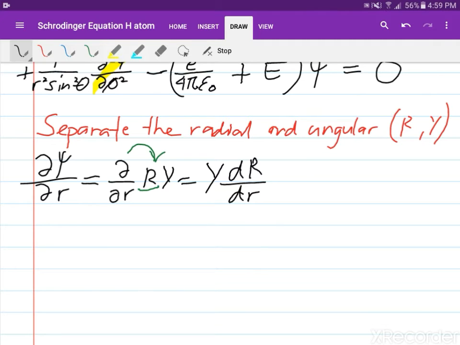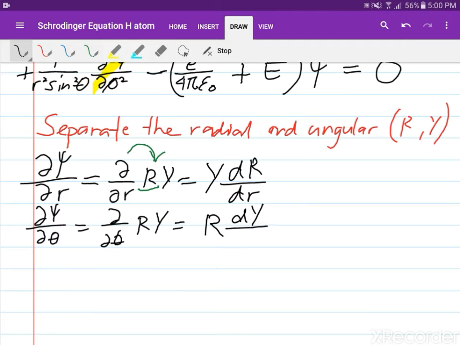So similarly, we can do the same for theta. So this will be R, Y, and we can remove R here, and this will become now a total derivative, dY d theta.